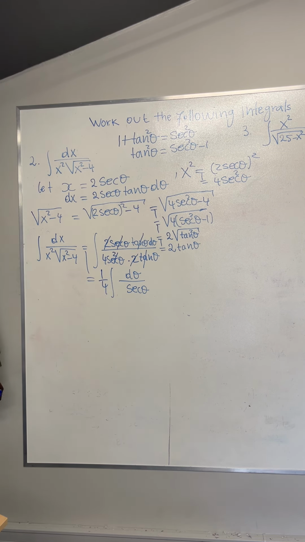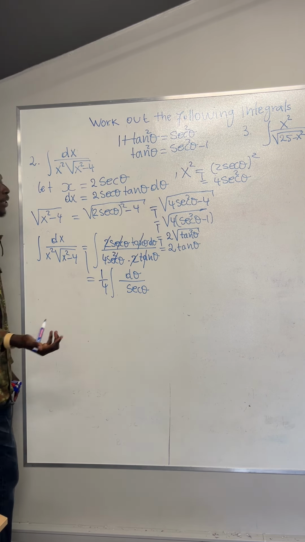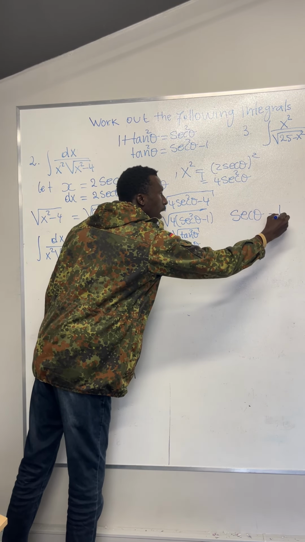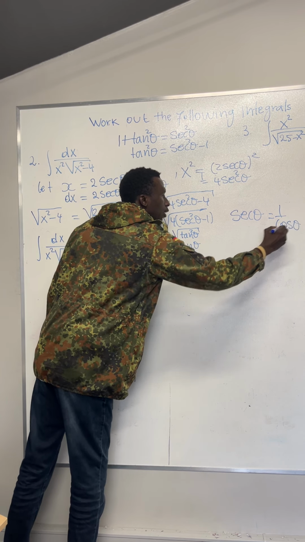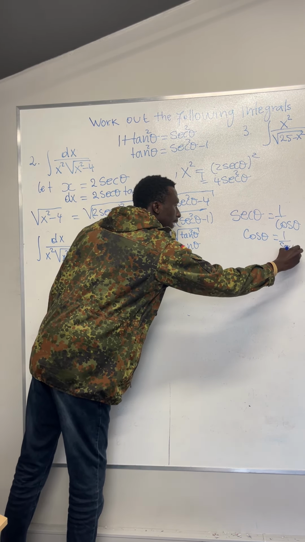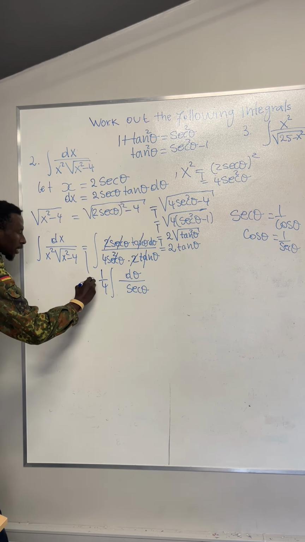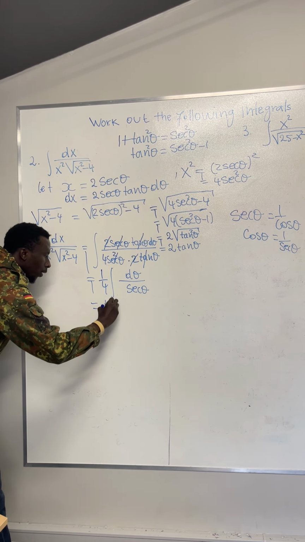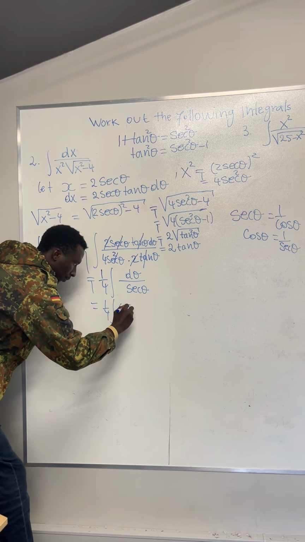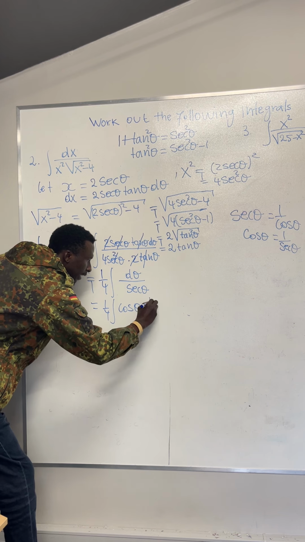What is 1 over sec theta? It's cosine, right? Because we know already that sec theta is 1 over cos. So this can just be 1 over 4 integration of cos theta d theta.